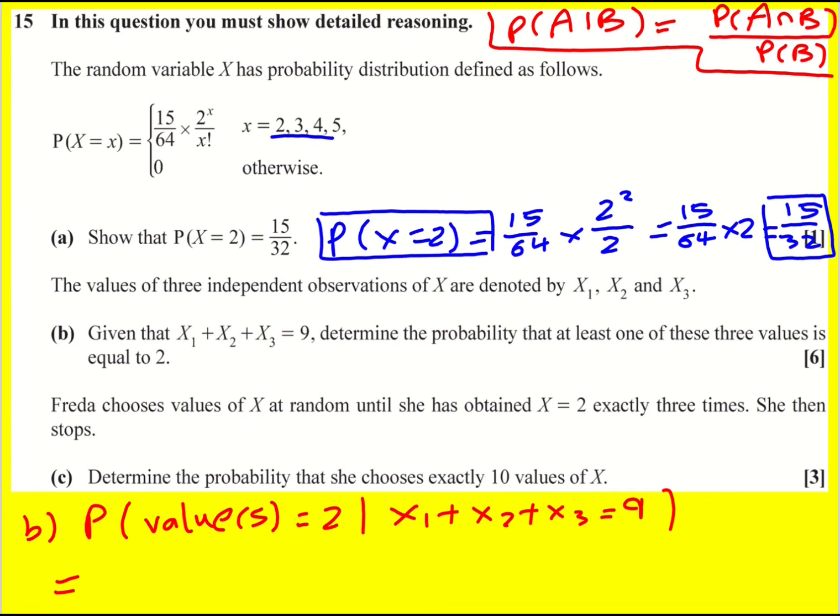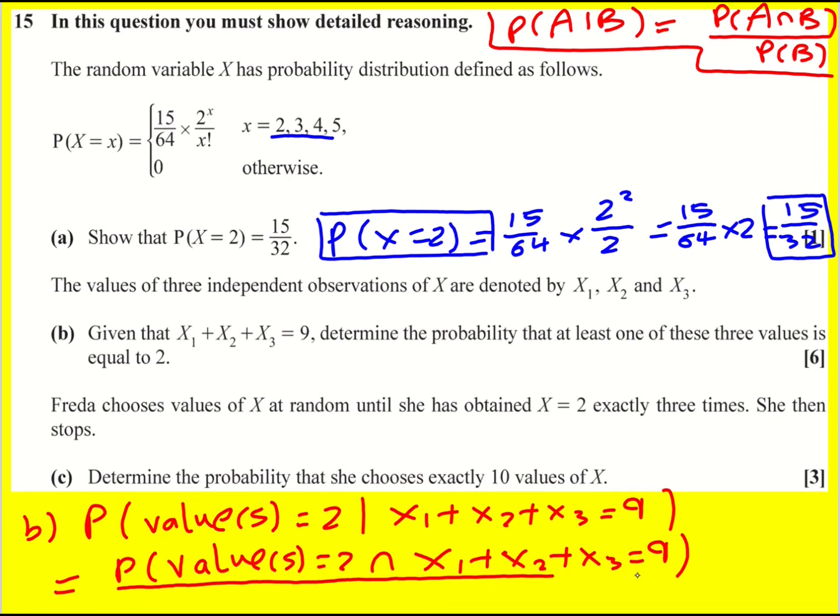So we scale the probability using that. For us, it's the probability that the value or values equal 2 and x1 plus x2 plus x3 equals 9, divided by the probability that the sum is 9.